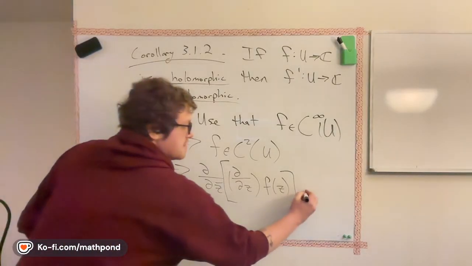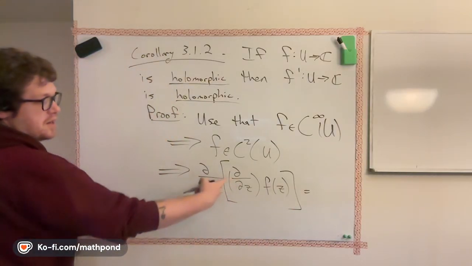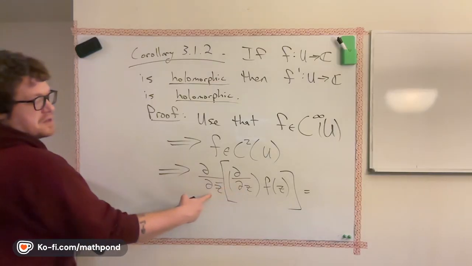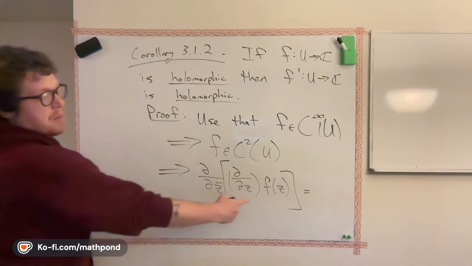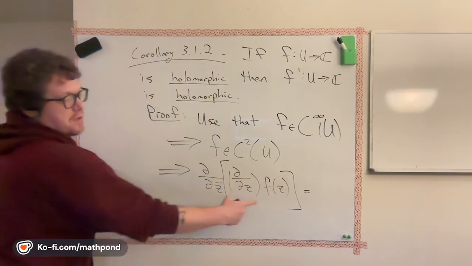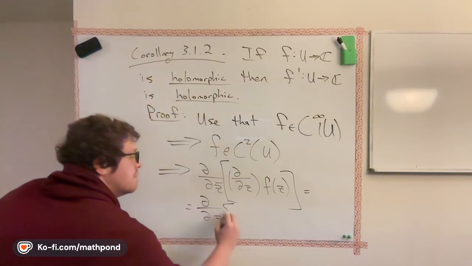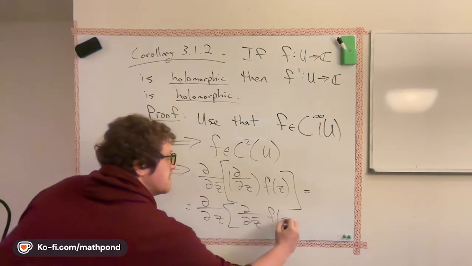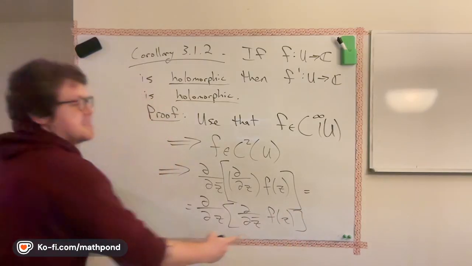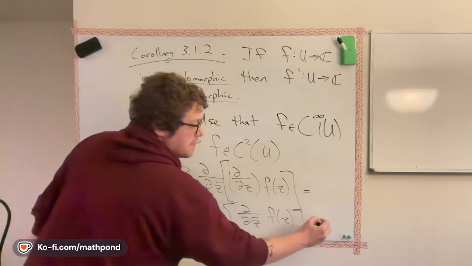So this is equal to the derivative in the other direction, where I do the z derivative out here, and then the z bar derivative inside. Because f is holomorphic, the z bar derivative is 0. So this is just d/dz of d/dz bar of f(z). But the inside part is 0, so the derivative of 0 is just 0.